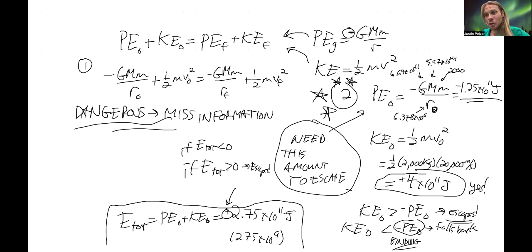But if kinetic energy can overcome the binding energy, then it has enough excess energy to go away forever. So an object that goes up doesn't always come back down. It's going away if this is bigger, and it comes back if potential energy in magnitude is bigger. So if E total is negative, then it falls back.